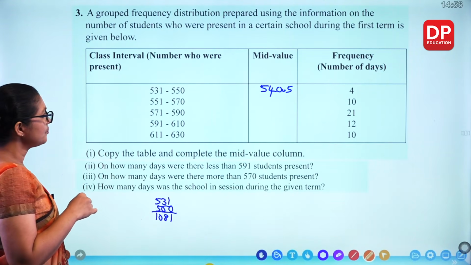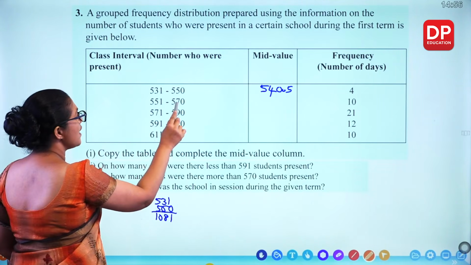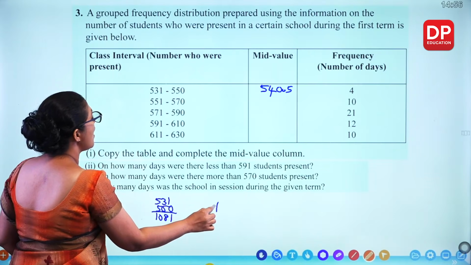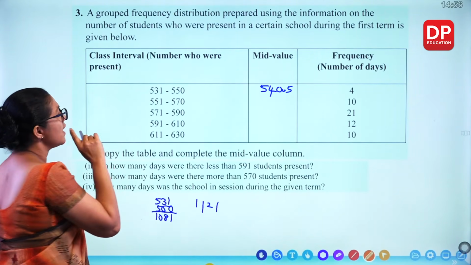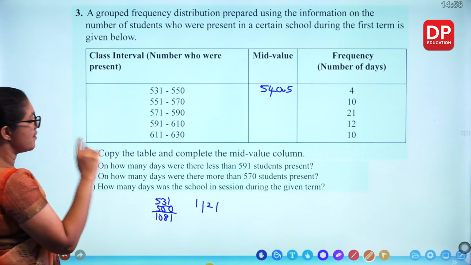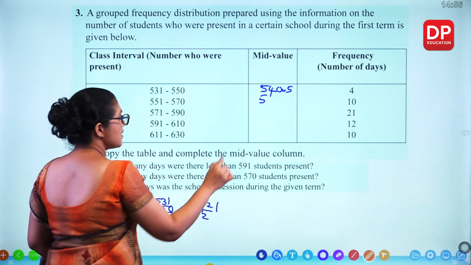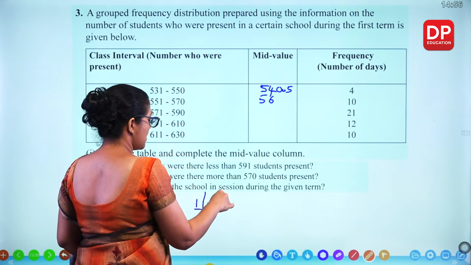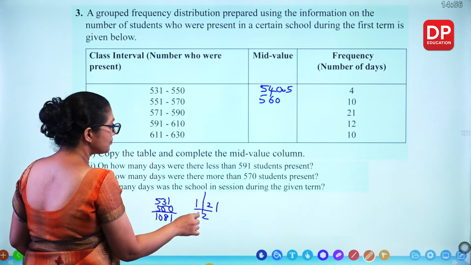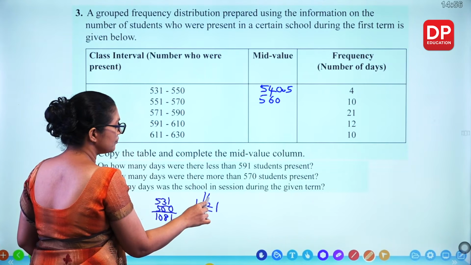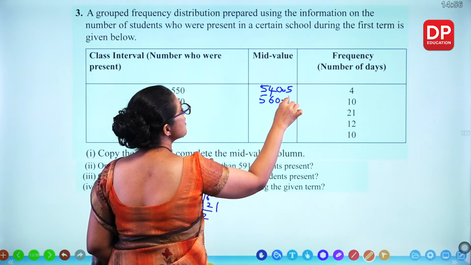This one, when you add, what do you get? 1121 divided by 2, 560.5.